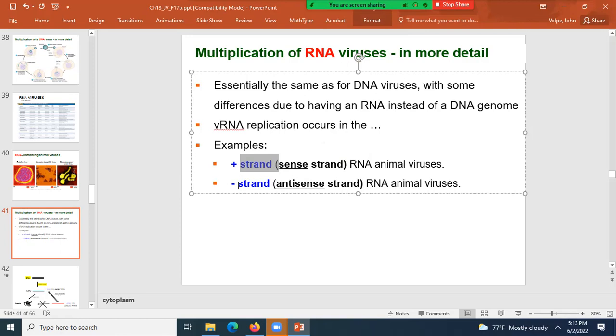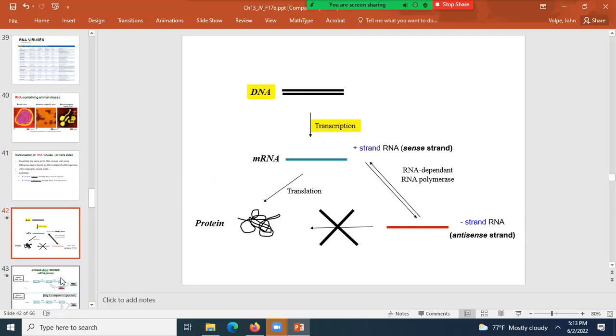The negative strand cannot be read by the ribosome, and it is the complement to the positive strand. I think we mentioned this: for a double-stranded DNA virus, to be replicated, all you need to do is separate the strands and then use each as a template to build the new strand.